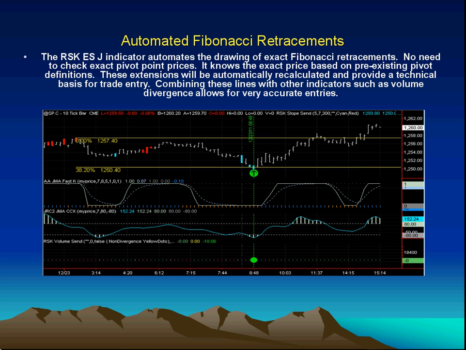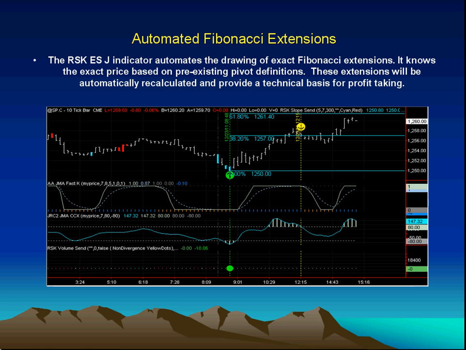So let's say you take this long trade. What are you going to do next? Well, the next thing is to look where you're going to take your exit. Fibonacci extensions can be used as profit targets. The first level, 38.2, turns out to be at the 1257 price line.